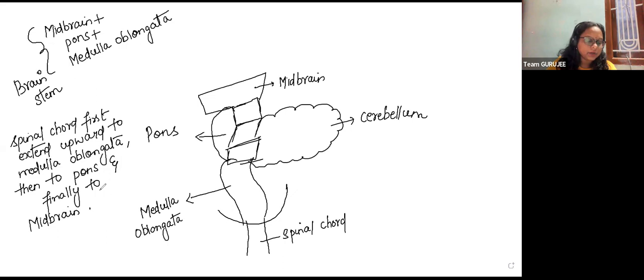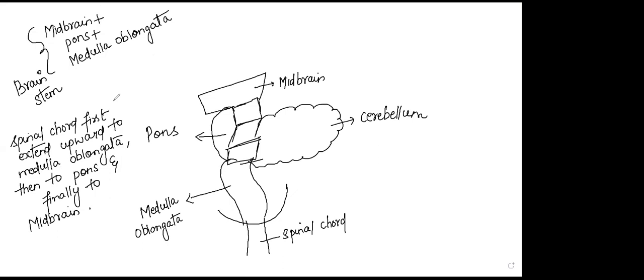Okay, and then you can write this point: midbrain plus pons plus medulla oblongata, they together are called as what? Brainstem. They are called brainstem.